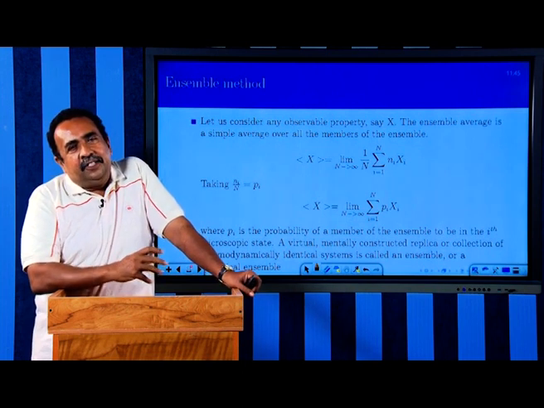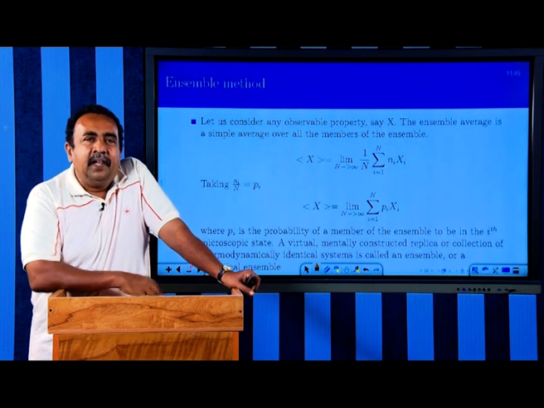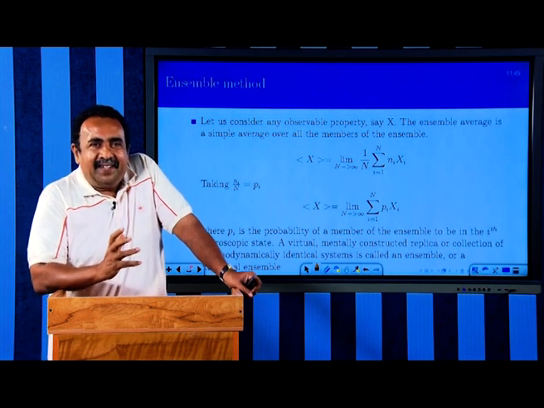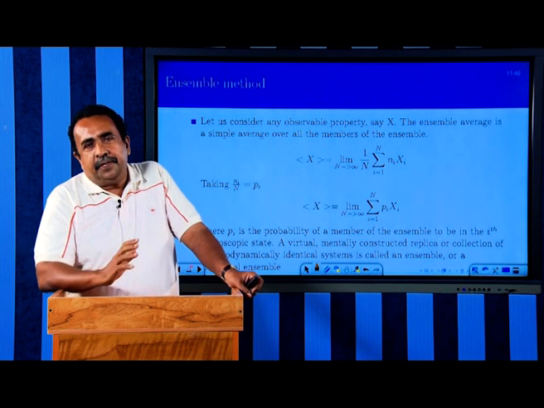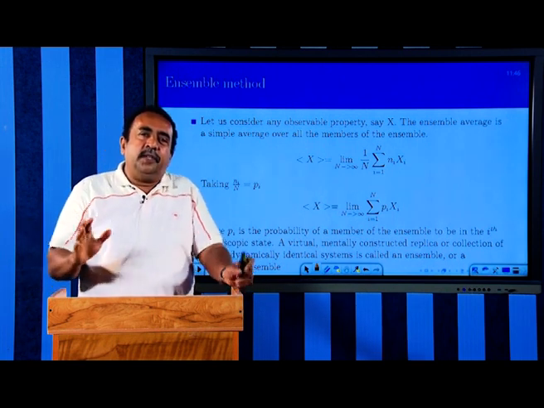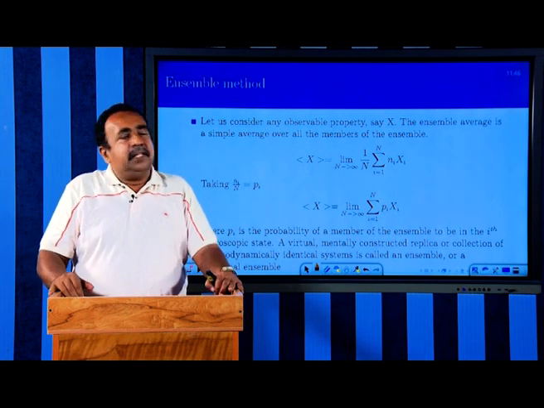Therefore, the ensemble average of anything you will be able to write as sum over i equal to 1 to n, pi xi. I told you earlier that xi is the instantaneous value of that given property. By using this equation, Gibbs was able to show that the average of any property can be found by this equation.